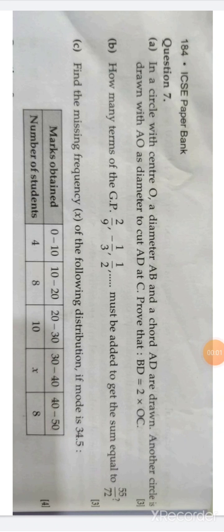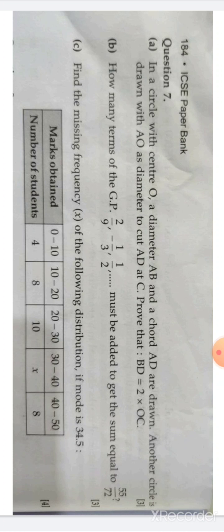Question 7 of this paper, in which A part is prove that type. So we are not solving it, it is omitted from your syllabus. Question 7 B part is how many terms of the GP must be added. That is also a geometrical progression question, we will not solve.